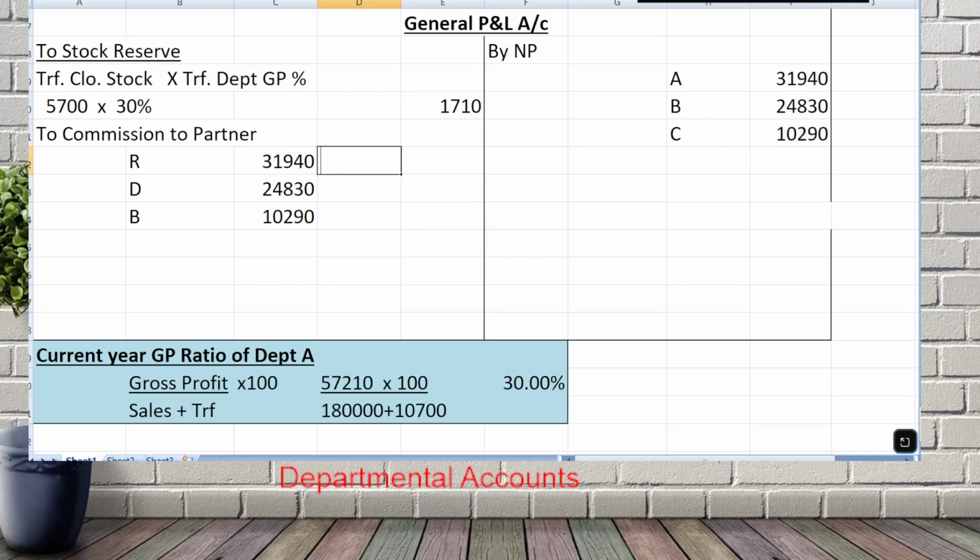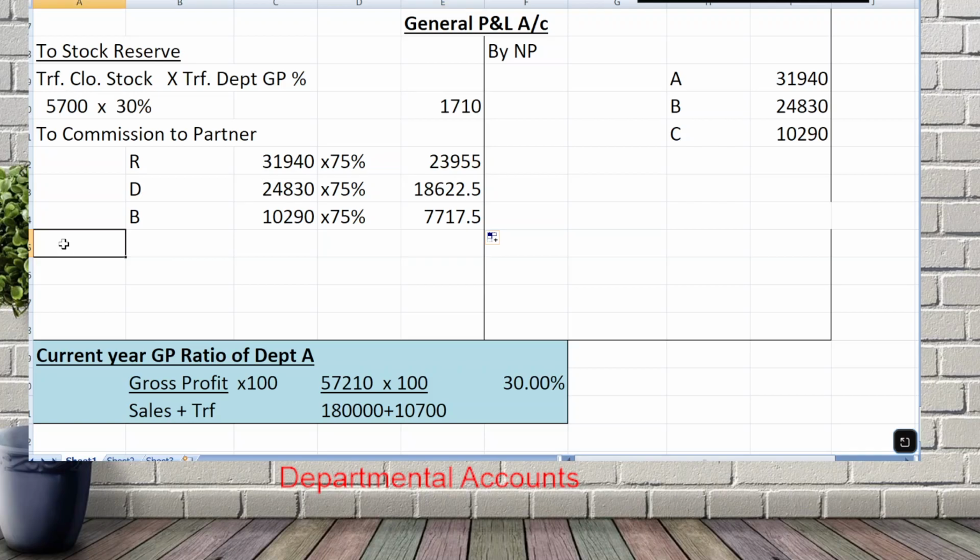This into 75%. The concerned profit into how much percentage? 75% they will share. So this into 0.75. Okay. That is payable as which one? Commission to them. Any doubt in it?